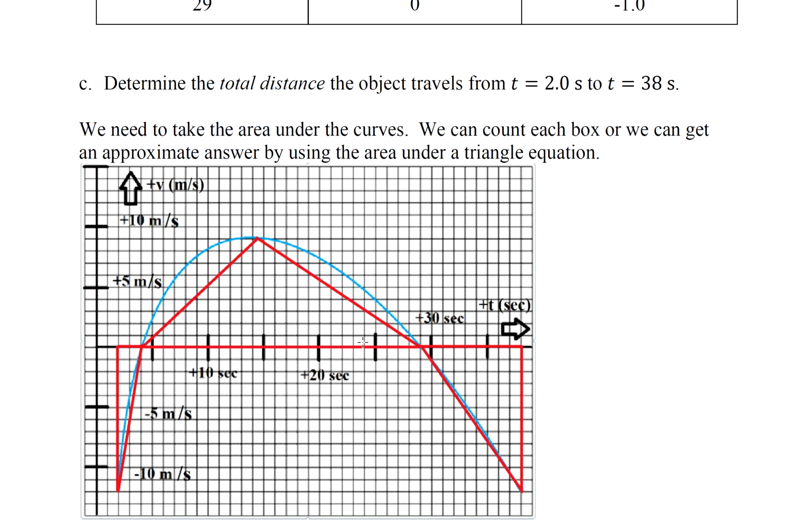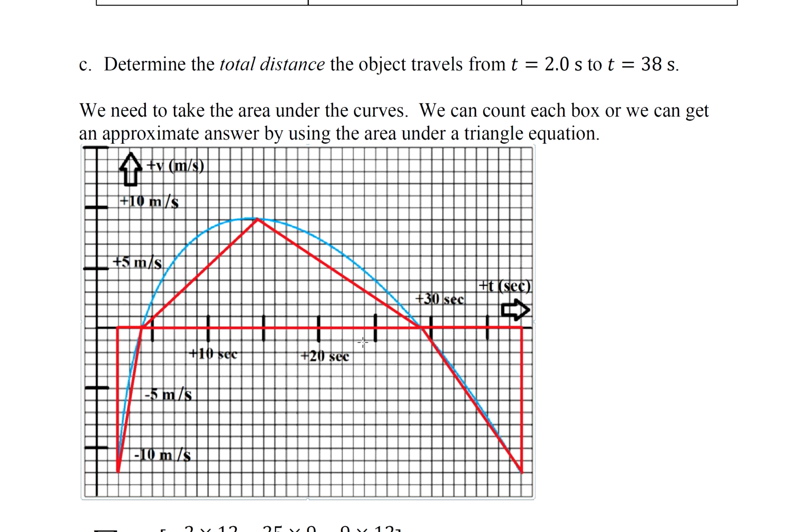Part E, determine the total distance the object travels from 2 seconds to 38 seconds. We need to take the area under the curves. So we could count each box, or we can get an approximate answer by using the area under a triangle equation, and that's exactly what I did.